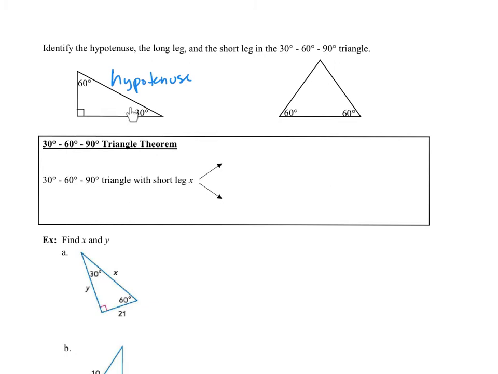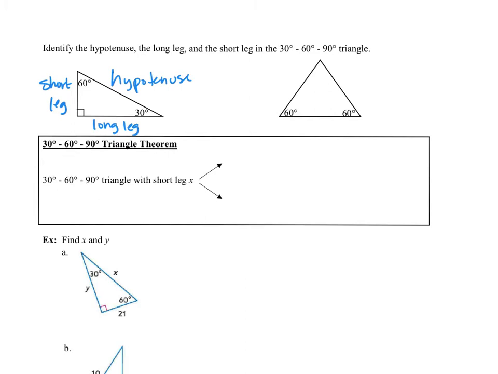So the short leg will always be the leg opposite the 30-degree angle. So this is our short leg, and then the long leg is going to be the leg that's opposite the 60-degree angle. So this is our long leg.